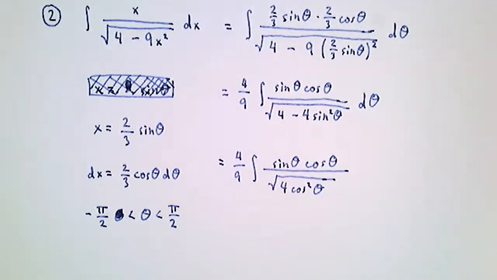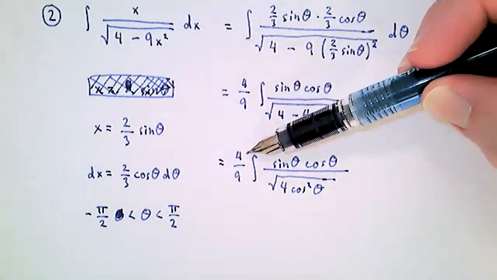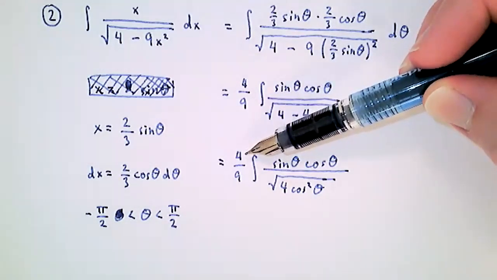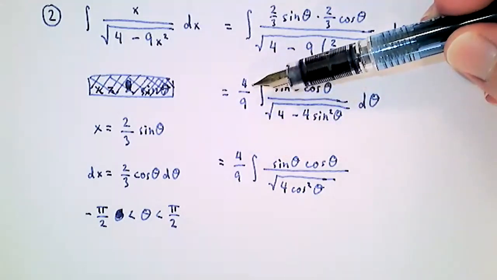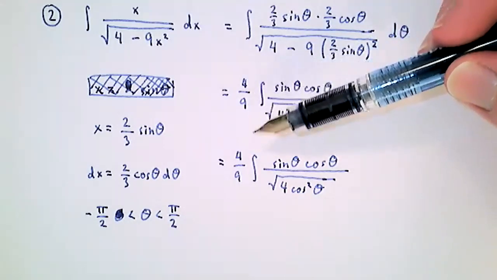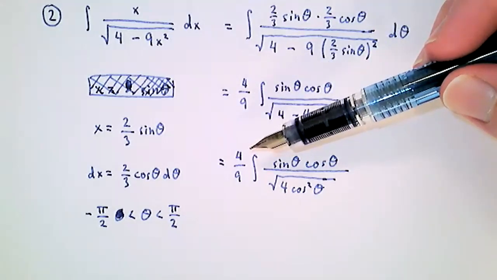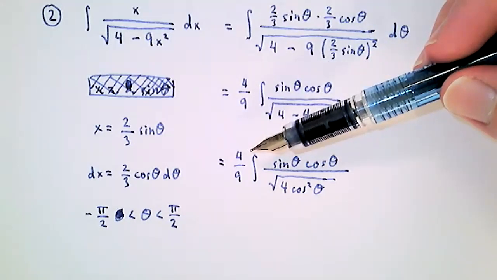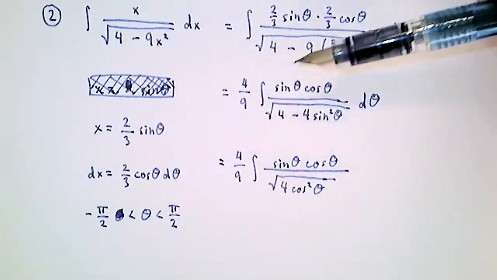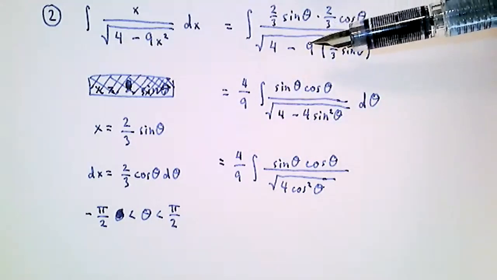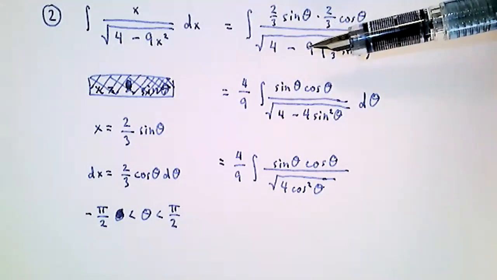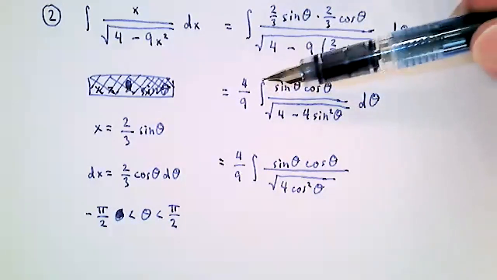Let's see, and there is a question there. How did you take the 4 out of the square root? Are you talking about this 4 here, Cameron? Moving this 4 out?